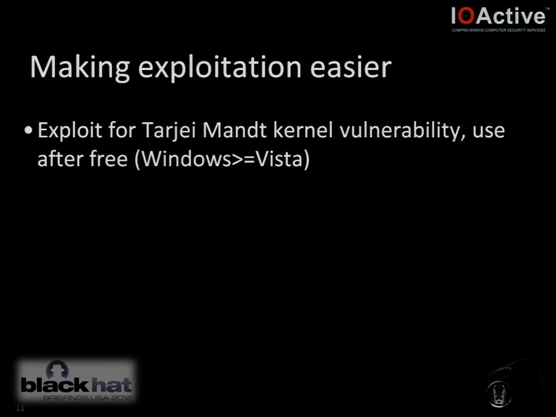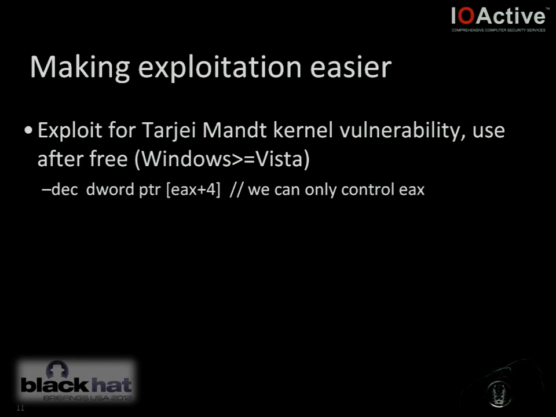So I was lucky that Tarjay shared with me a vulnerability he found last year, which was patched by Microsoft. It's a use-after-free kernel vulnerability that was kind of difficult to exploit because you end up in an instruction where you can decrement a position in memory.